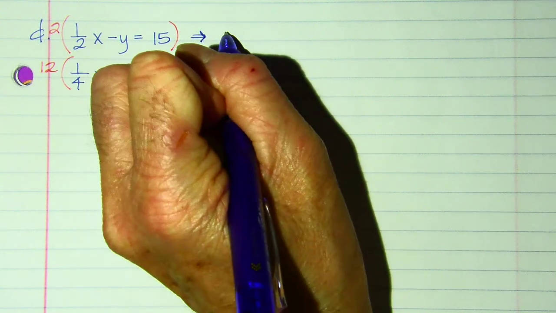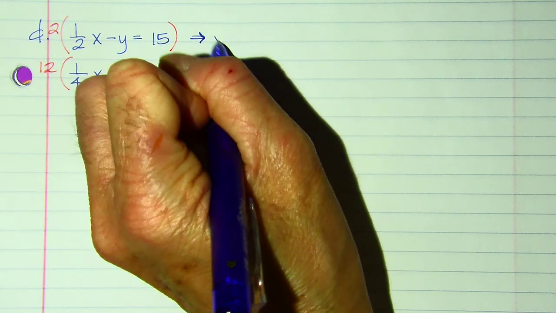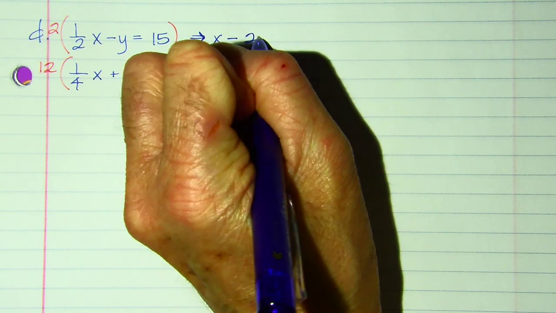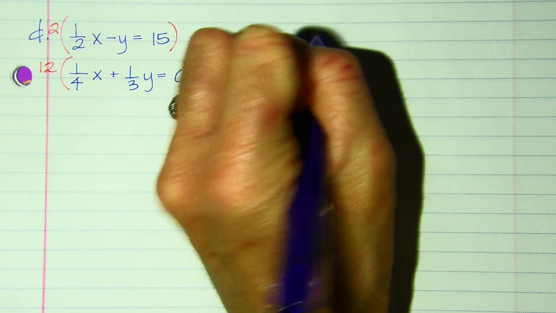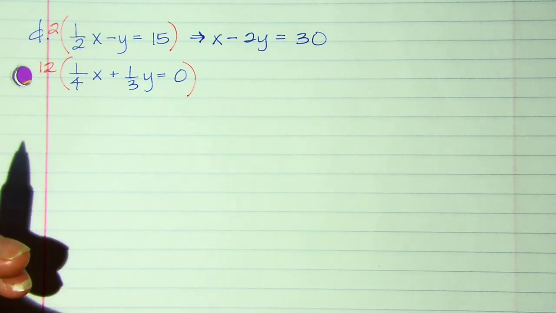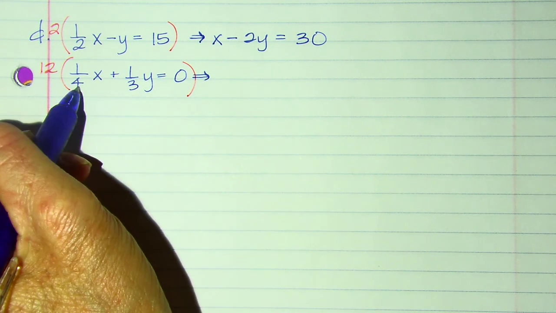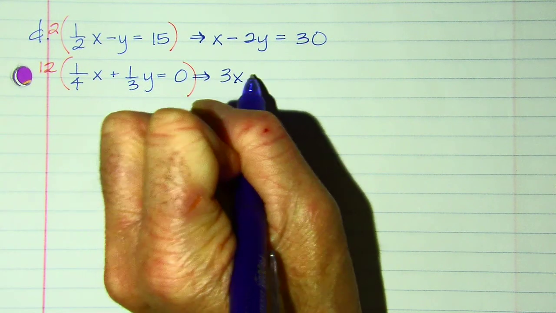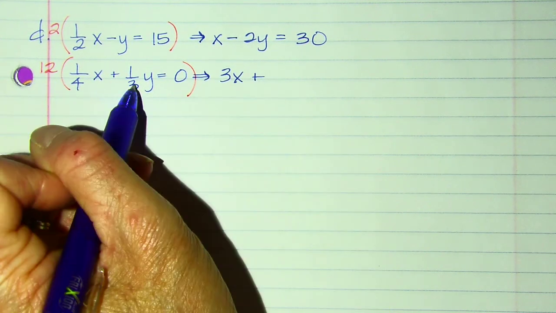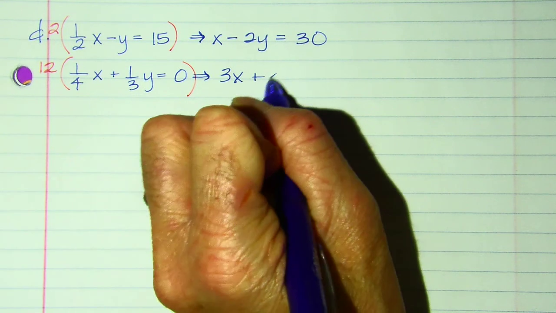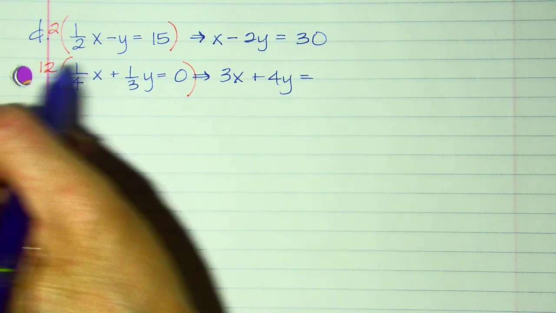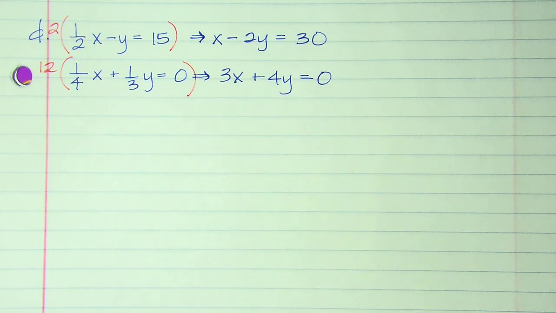And that gives me 2 times 1/2. 2 1/2s make a whole. So x minus 2y equals 30. Remember, you have to multiply the whole thing. Next one, 12 over 4 is 3. So 3x plus 12 over 3 is 4y equals 12 times 0, 0.